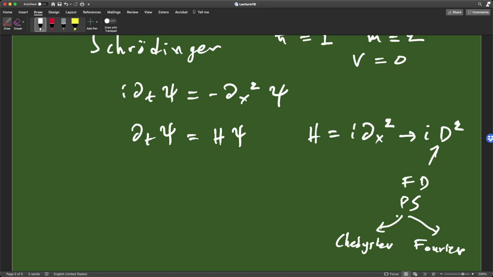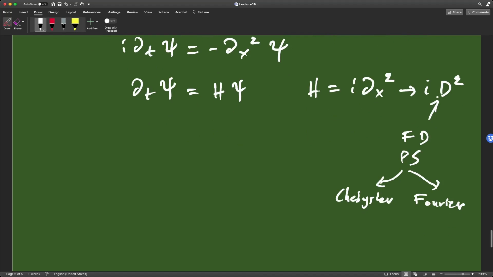The benefit of doing that is that in this case, D would be symmetric, so it would be a Hermitian matrix. Whereas for the Chebyshev case, it's actually anti-symmetric, and that's not good.